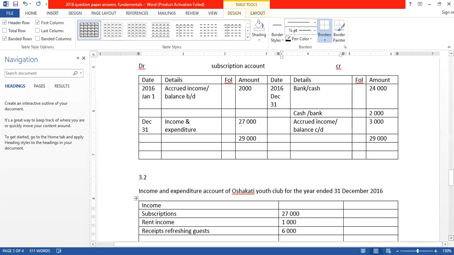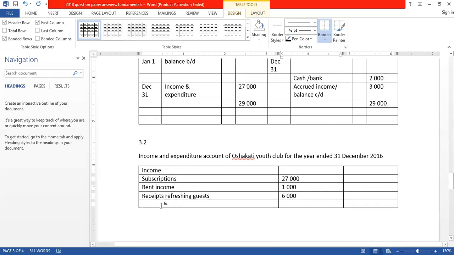And then we move on. What other incomes do we have there? We have sundry receipts, and our sundry receipts in this case are 12,500.